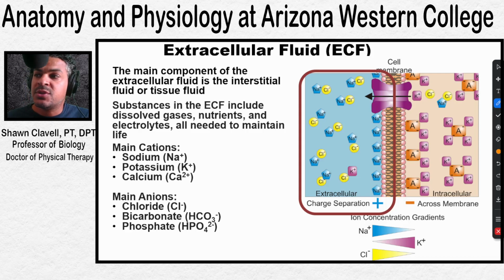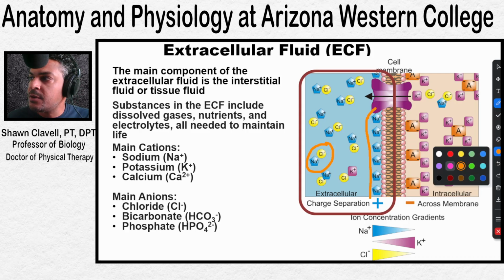So circled here is the extracellular space. You've got a high concentration of sodium outside of the cell here. Particularly you can see resting right there around the cell membrane. On the inside of the cell, you have a high concentration of potassium.